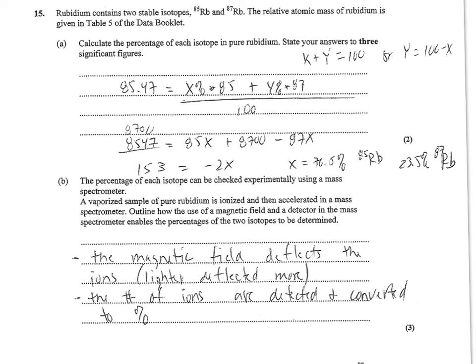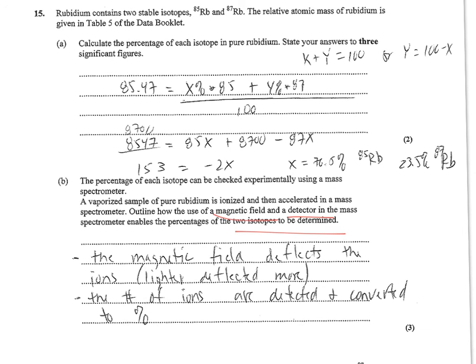The second question, B wants to know, it says a percentage of each isotope can be checked experimentally using a mass spectrometer. It's vaporized, ionized, accelerated. Outline how the use of a magnetic field and a detector in the mass spectrometer enables the percentages to be determined. So what they wanted you to know is that the magnetic field does the deflecting.